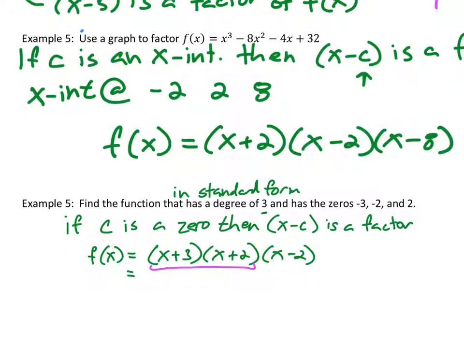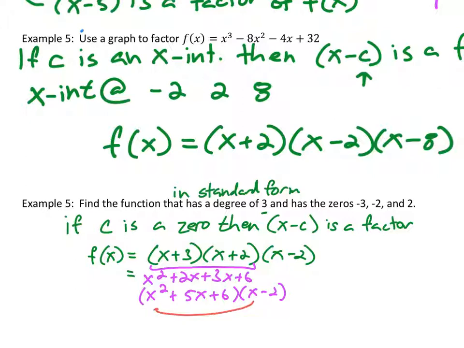So we're going to FOIL or distribute, whatever you like to call it. We have x squared. Then we have 2x plus 3x plus 6. Combine those like terms, and we have x squared plus 5x plus 6. We still need to multiply that by x minus 2. Okay, now let's go ahead and deal with the x first.